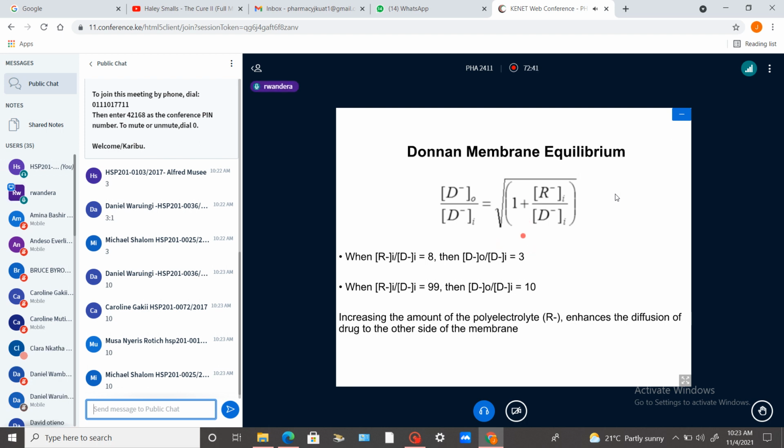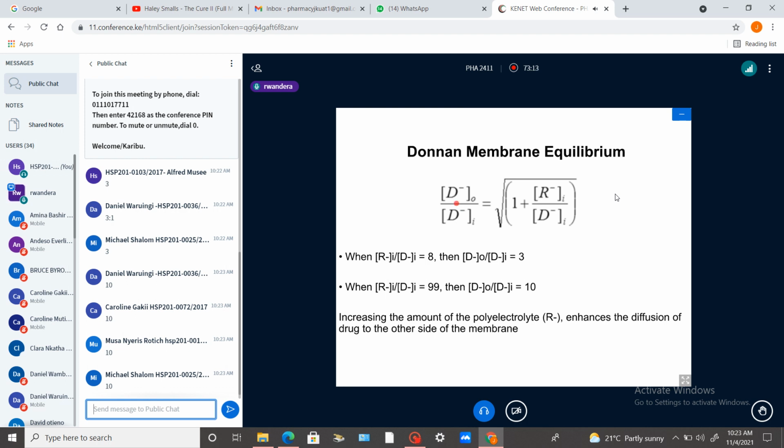So you can see, due to this Donnan membrane equilibrium effect, you tend to enhance the diffusion of a drug across the membrane. In this case you have 3, and in this case we have 10. So your negative colloidal particles tend to enhance the diffusion of your negatively charged diffusible drug across the membrane.